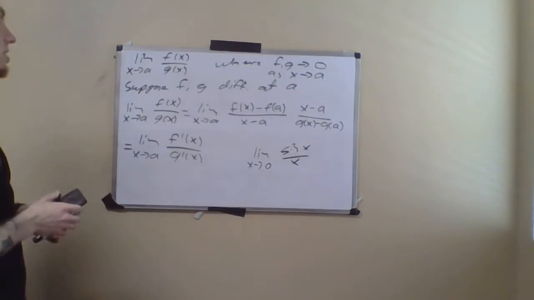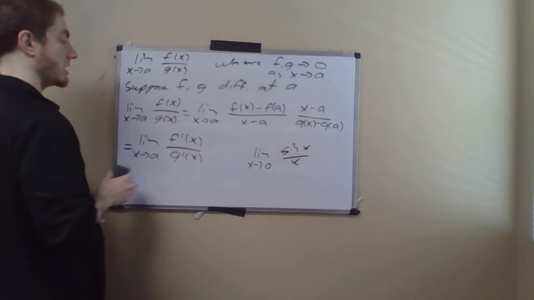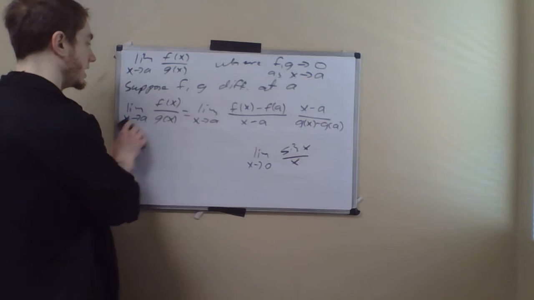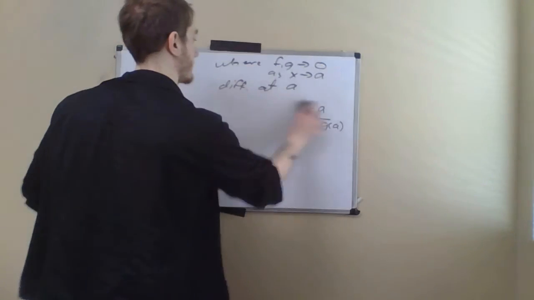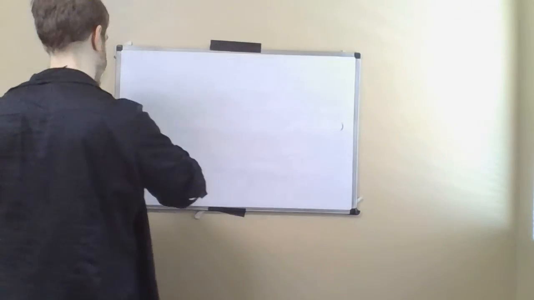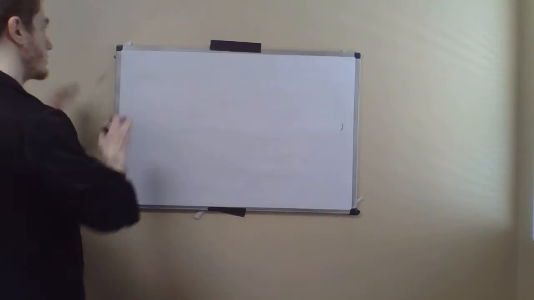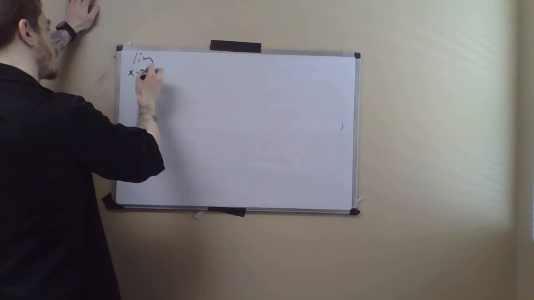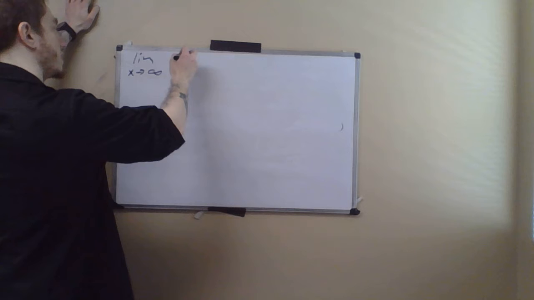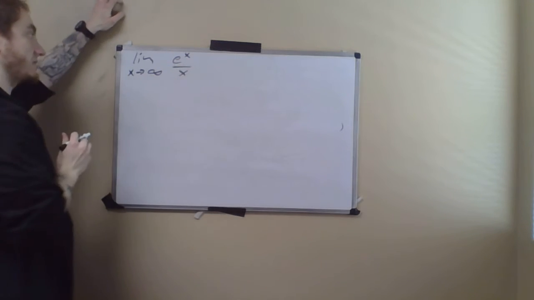So let's take a look here at some examples of applying L'Hopital's rule to some specific instances. First of all, let's go back to this question of the limit as x goes to infinity of e to the x divided by x.